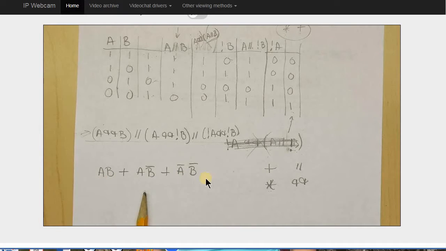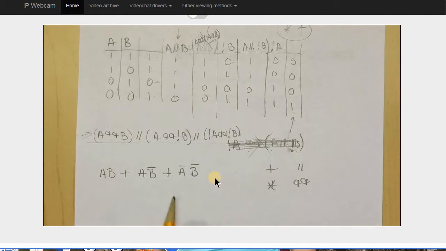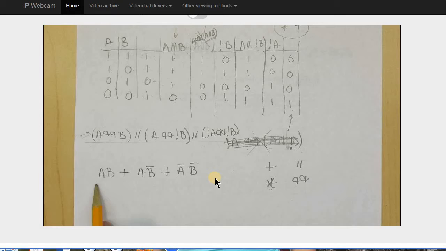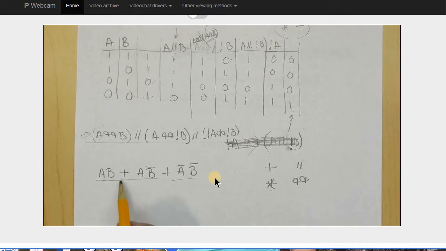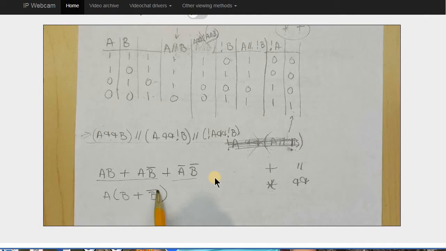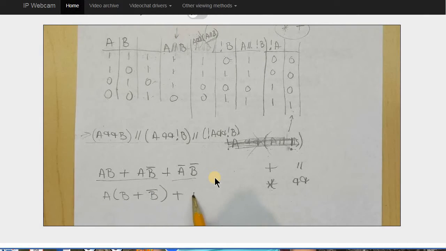So let's see if I can use some Boolean logic to solve this problem. Here I'm just going to solve this part right here. I'm going to ignore this for right now. I'm going to factor out an a. So a is b or b not. The line over the b, by the way, means not. Or a, b.